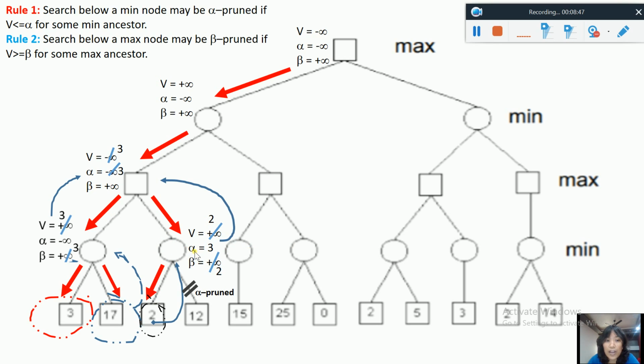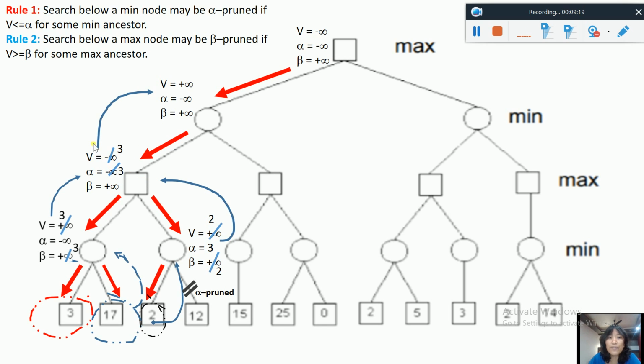So as you all know, this node's childs are finished. So this value will go upwards. We will update the value of this max node. V has already its best value, because 3 is better than 2. So we won't change the max player's value, as V would remain 3 and alpha would remain 3.